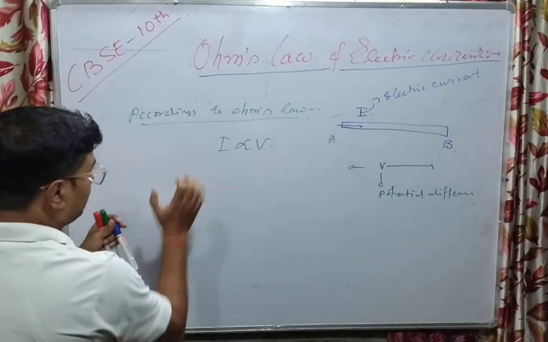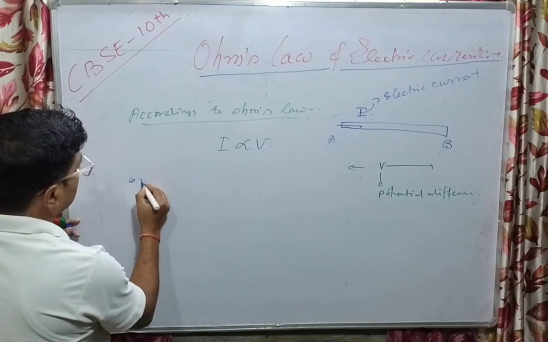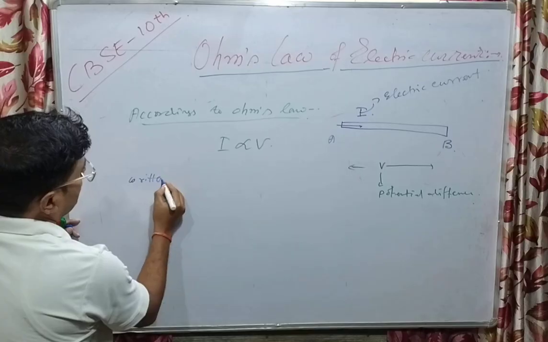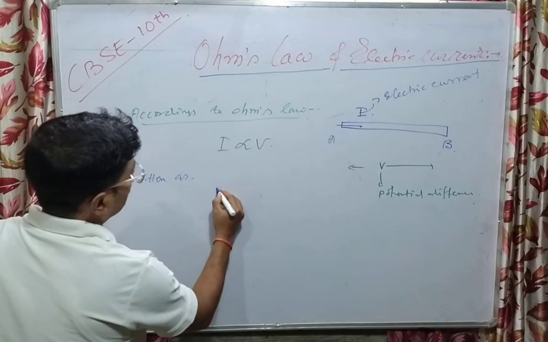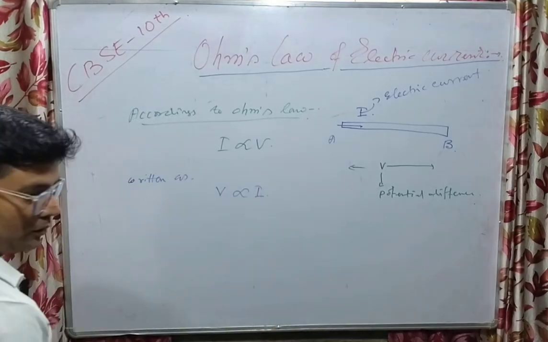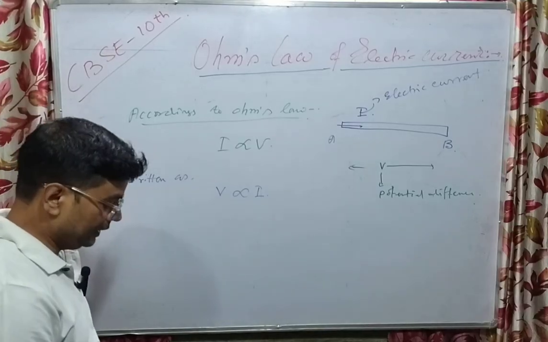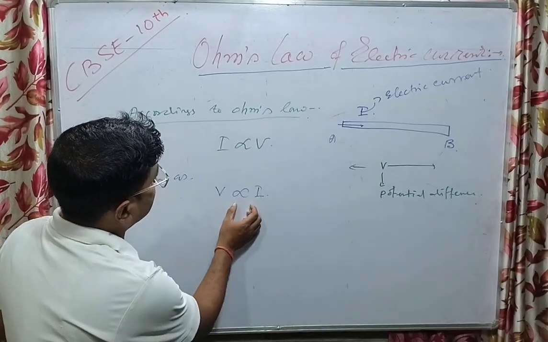Students, it can be written as V is proportional to I. Here is a proportionality symbol.